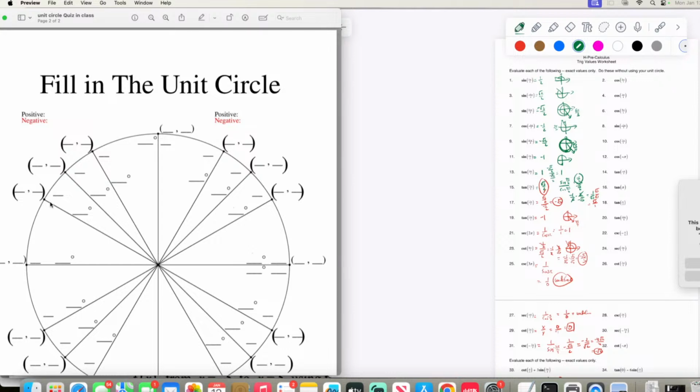And tomorrow you have a quiz. And you have to be precise on everything. Now tomorrow you don't have the unit circle. You don't have the empty one, and you don't have the one that's already filled in. So you're going to have to do it without the unit circle, not even the empty one.